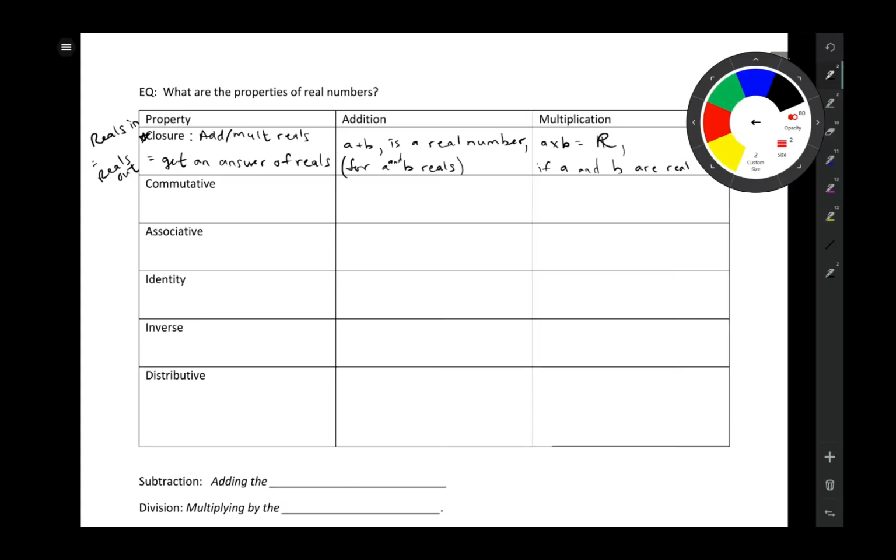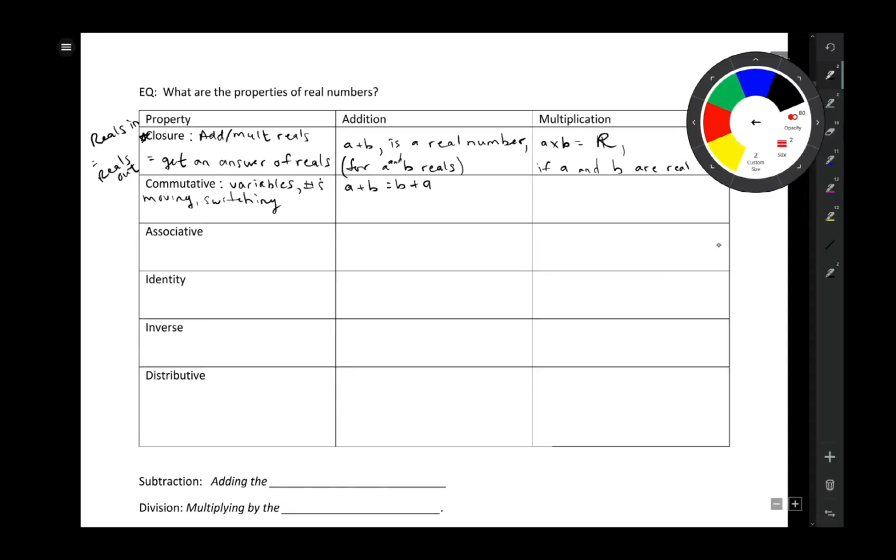Okay, commutative, this is more of the important ones here. Commutative is often thought of as variables or numbers commuting, moving or switching spots. Okay, and this can be seen as a plus b equals b plus a.